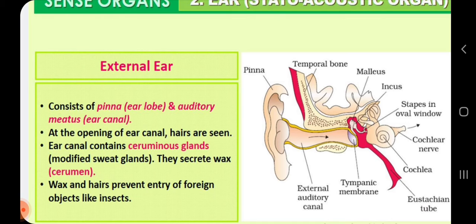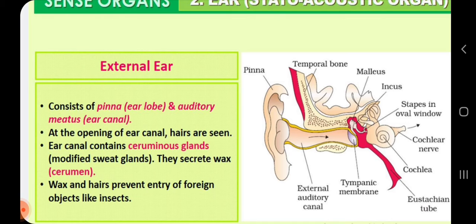These sebaceous glands are also called sweat glands. The ear canal also consists of ceruminous glands, which secrete wax, and that wax is called cerumen.